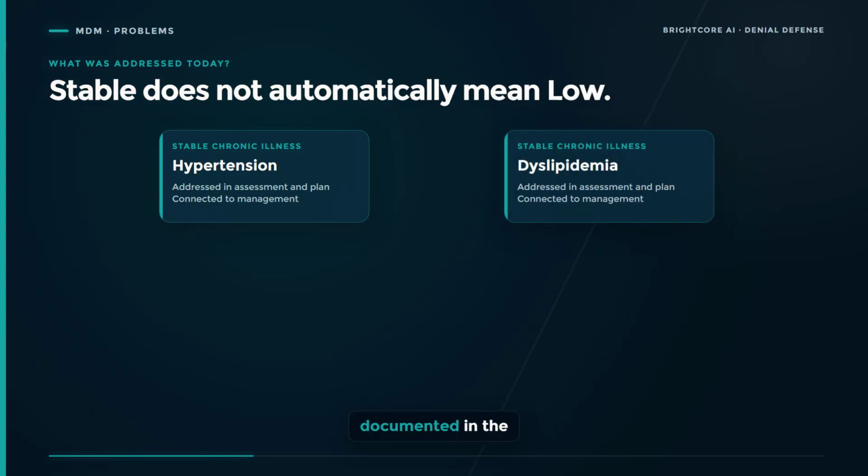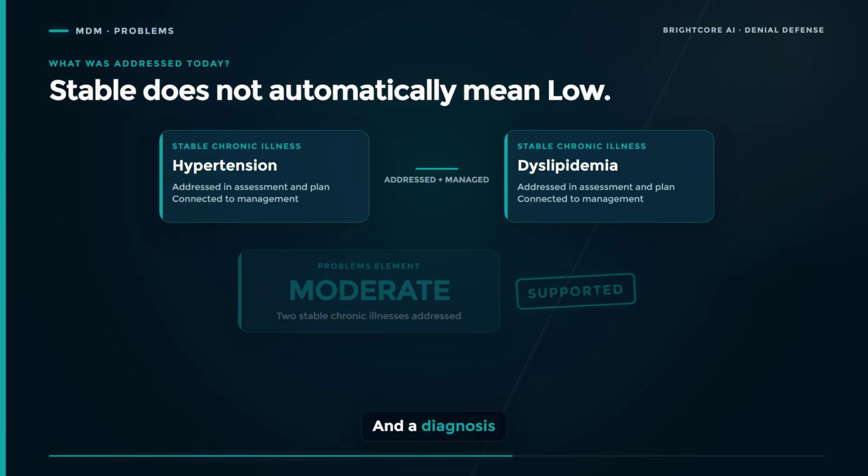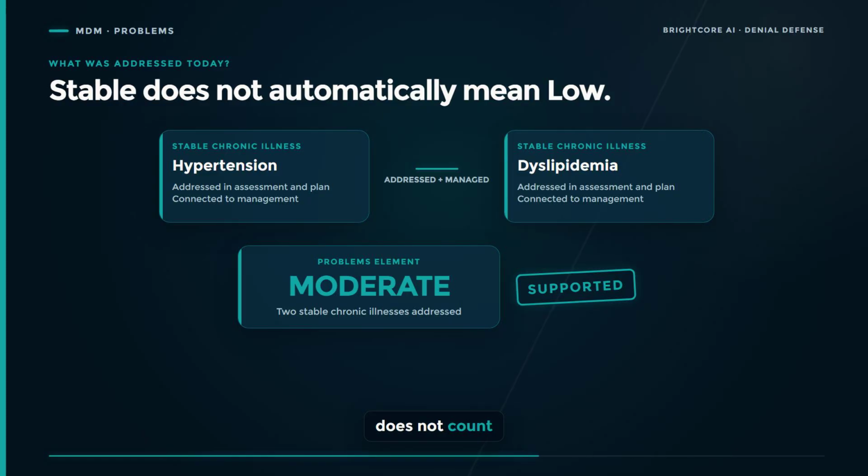Hypertension and dyslipidemia are both documented in the assessment and plan. Their status is stable, and the plan connects them to continued management and follow-up testing. For this case, 2 stable chronic illnesses support moderate problems. Stable does not automatically mean low, and a diagnosis does not count merely because it sits on a list.